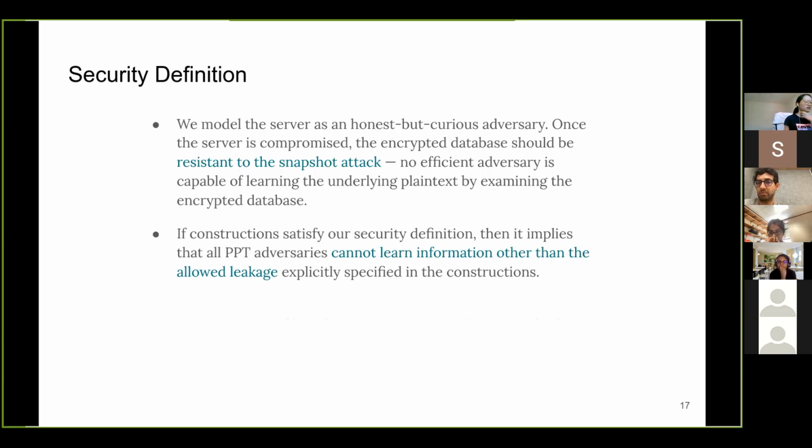Then we say that an honest but curious adversary setting is still resistant to the snapshot attack. And this is, I would say, the natural conclusion for an honest but curious adversary, because the adversary can know the encrypted database and just try to glean information from it.